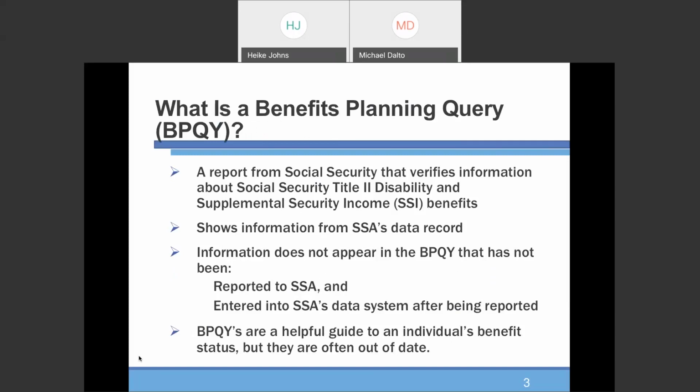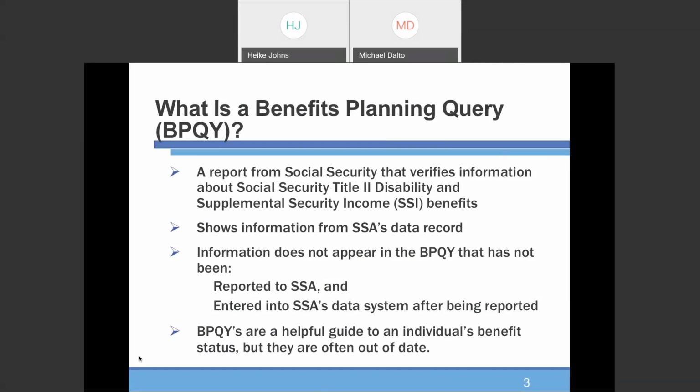It provides information from Social Security's data record, but it's important to note that information will not appear in the BPQY unless it's been reported to Social Security and entered into their data system after being reported. So one thing that a BPQY can do is help you identify whether certain information has been reported to Social Security, especially information about a person's earnings.